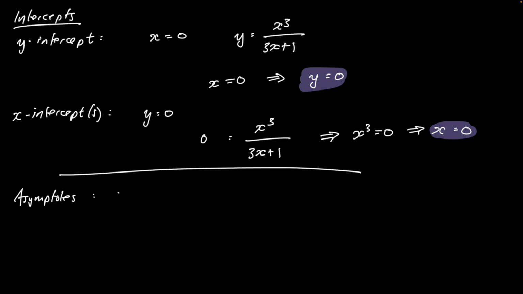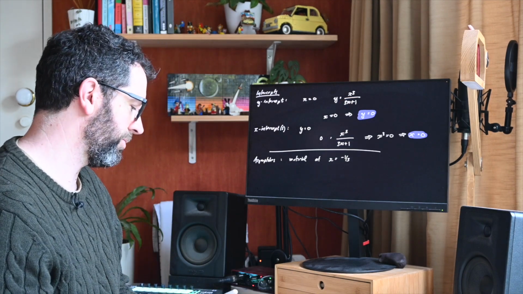We're going to have a vertical asymptote at x equals negative 1/3 because, if we look at our fraction, the limit as we go towards negative a third: the numerator x cubed is not going to be 0. There's not going to be any sort of L'Hopital's rule style cancellation here. So x cubed is going to go to a number, negative a third cubed. 3x plus 1 is going to go to 0, and so we're going to have a vertical asymptote.